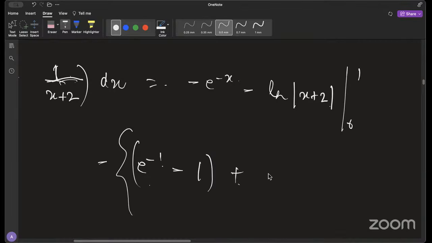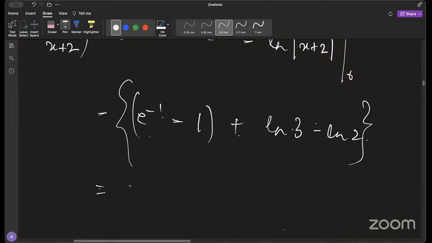Then this will be natural log of 3 minus natural log of 2. So this will become minus 1 by e plus 1. You can have a negative here, natural log of 3 by 2, or you can take the negative inside and then you'll have natural log of 2 by 3.